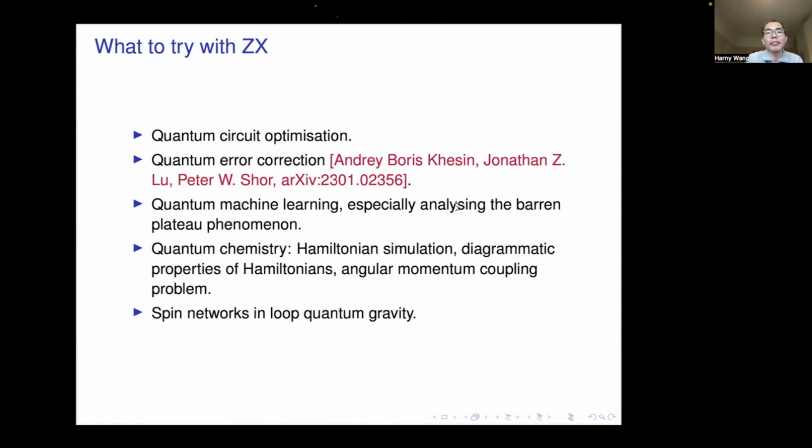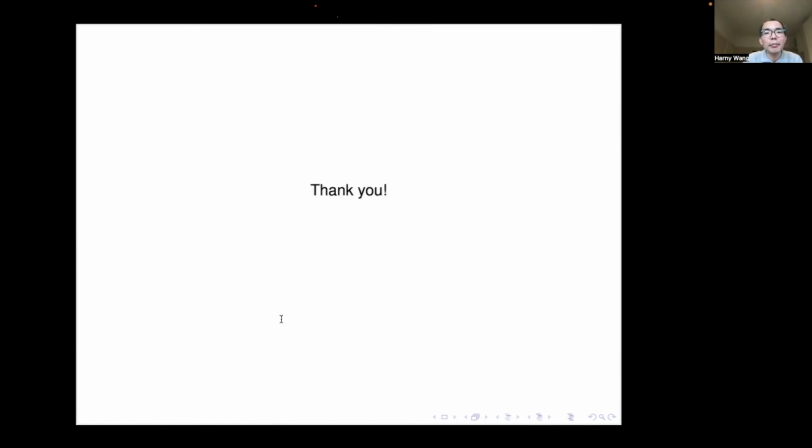You can analyze the barren plateau phenomena. Also in quantum chemistry, you can do Hamiltonian simulation and angular momentum coupling problems. And finally, as I just mentioned, the spin networks. Okay, that's the application of ZX and something you can try. Okay, thank you, everyone.